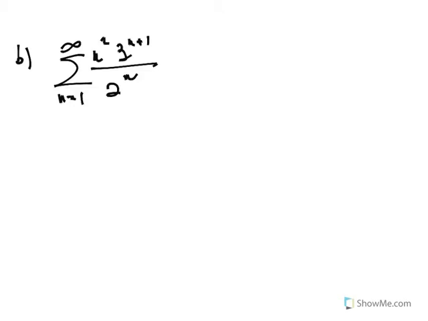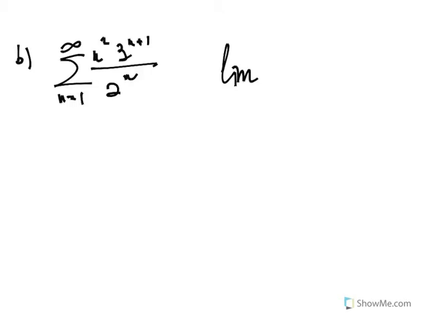So you find the limit as n approaches infinity and see if your denominator grows faster than the numerator. And in this case, it's 2 to the power of n. So, well, let's take the limit and see what happens.